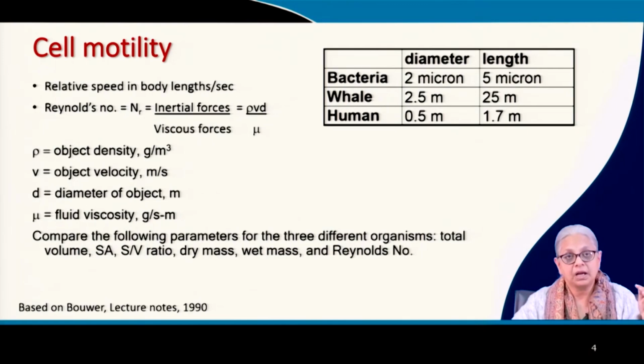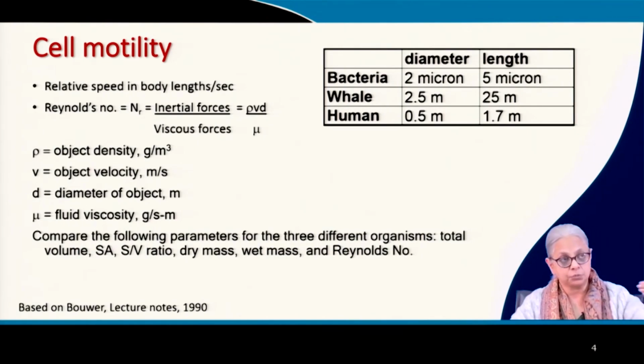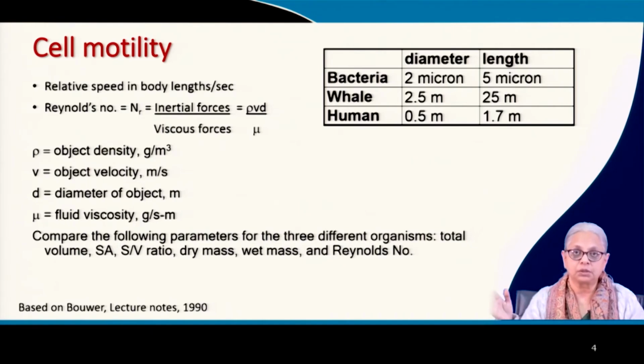I can measure my ability to cover distance while I'm swimming. If I'm swimming, I know how much distance I can cover in a few seconds or minutes and so on, right? We can convert that to body length, because that will put it on a relative scale. So I can measure it in meters per second, or I can measure it in body lengths per second to put it on a relative scale.